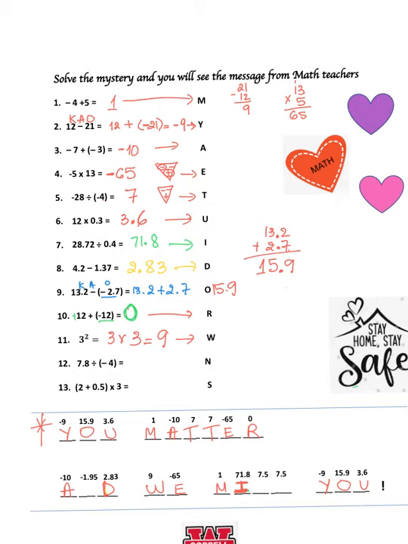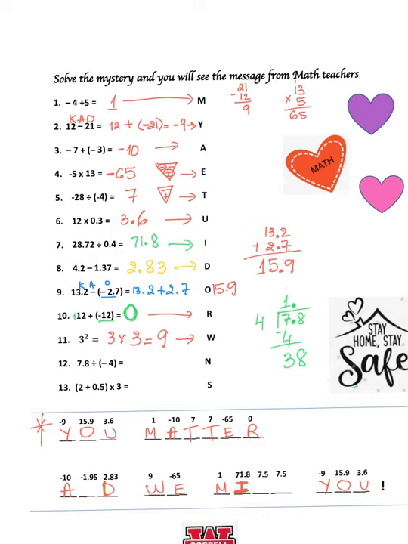Number 12. 7.8 divide negative 4. I just divide by 4 first. So 7 divide 4. How many times does 4 go into 7? I have 1 time. 1 times 4 is 4. 7 minus 4 is 3. I drop down the 8. Don't forget your decimal. Line up your decimal. So 38 divided by 4. How many times does 4 go into 38?